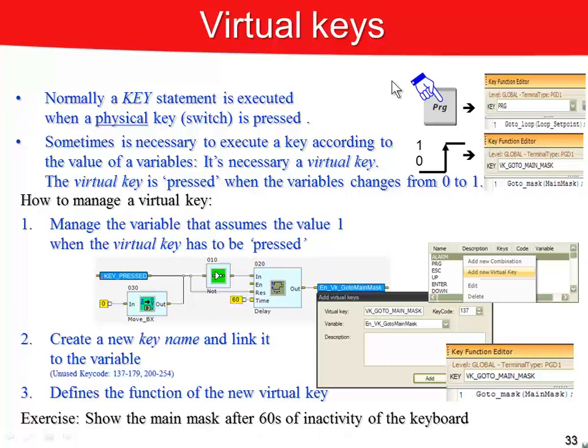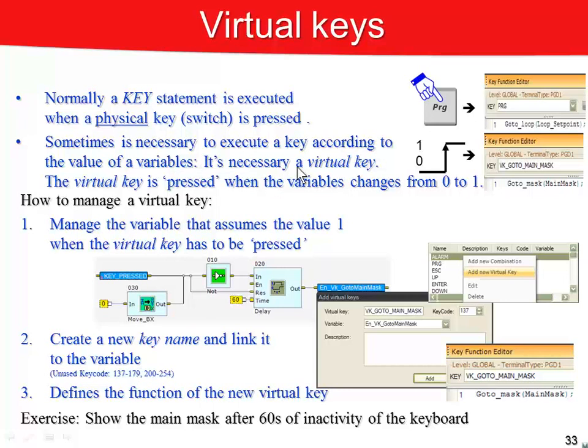So what we need is this. Normally a key statement is executed when a physical key is pressed, as I told you before. Sometimes, like in our exercise, it's necessary to execute a key according to the value of a variable, that is, according to the strategy, after a timeout in this case.